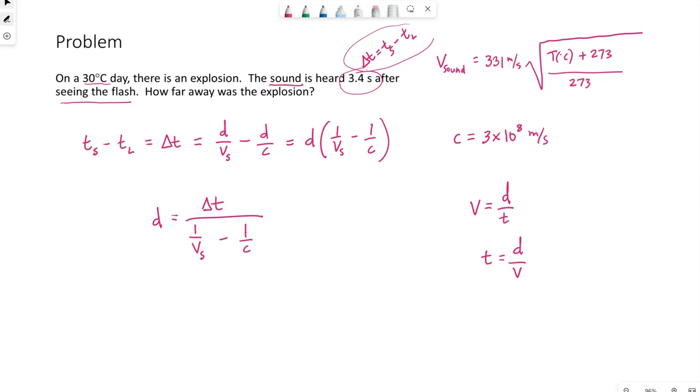Now, you might be recognizing that the speed of light is so large that we essentially see it at the same time it happens, which is true. So I'm going to show you the answer, including the speed of light, where I have the equation written already, and without. So I need to calculate the speed of sound, so let's plug in the 30 degrees.